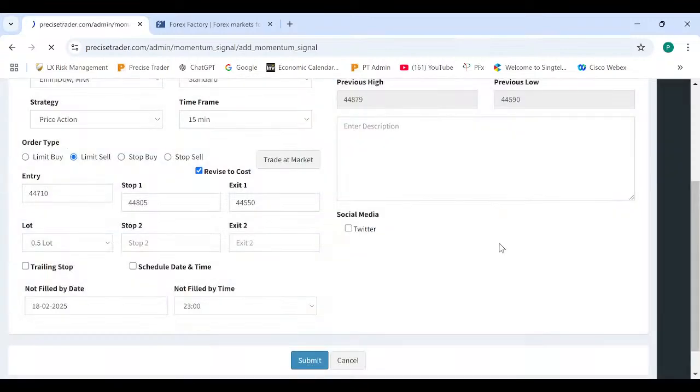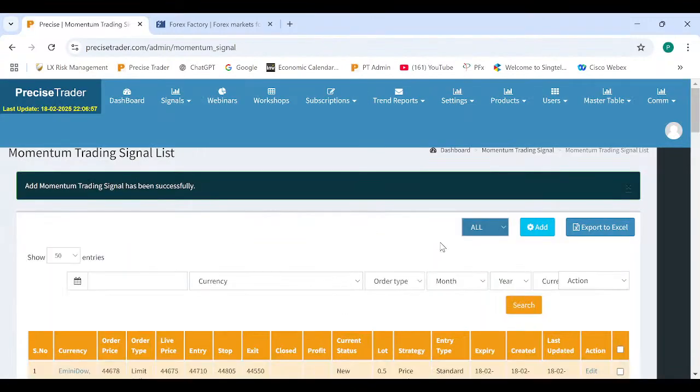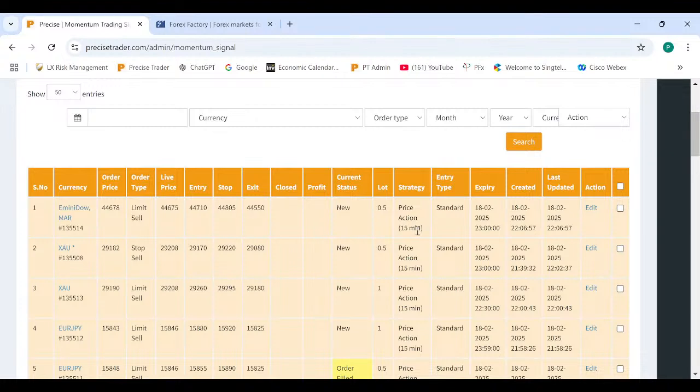Then I'll be giving you one more entry for this: try to sell at 710. Let me also put in this trade. That is Dow Jones, half lot.